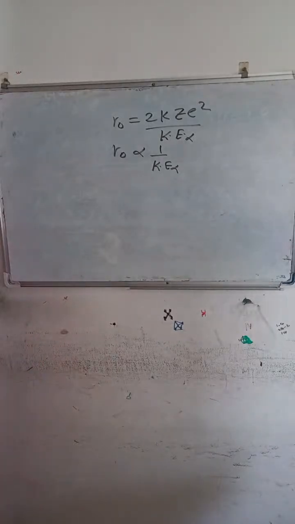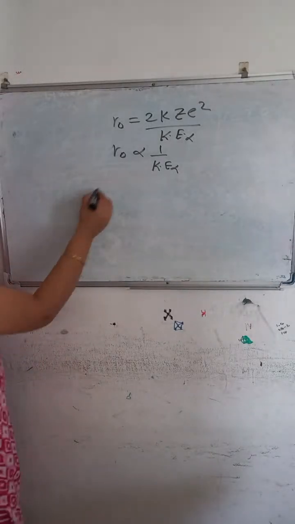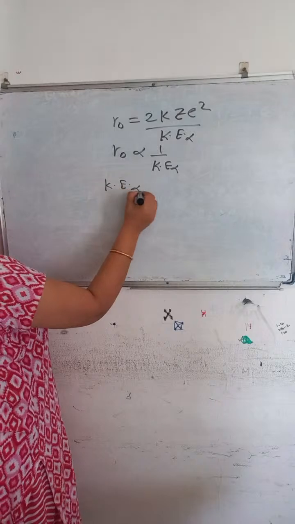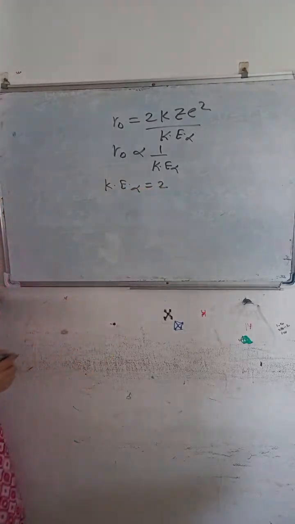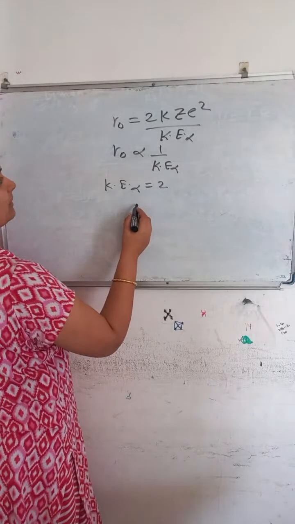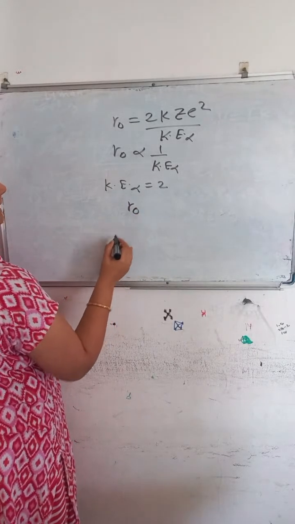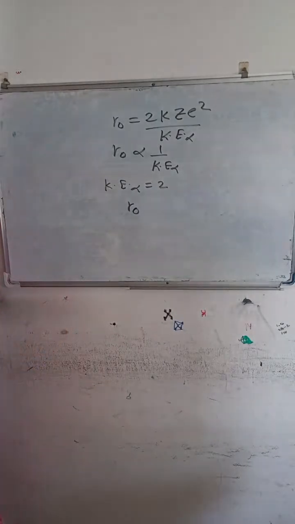So suppose the kinetic energy of the alpha particle is doubled, then what will happen? They are asking what will be the distance of closest approach of an alpha particle if we double the kinetic energy. Here the kinetic energy gets doubled, which means the distance of closest approach gets reduced by half.